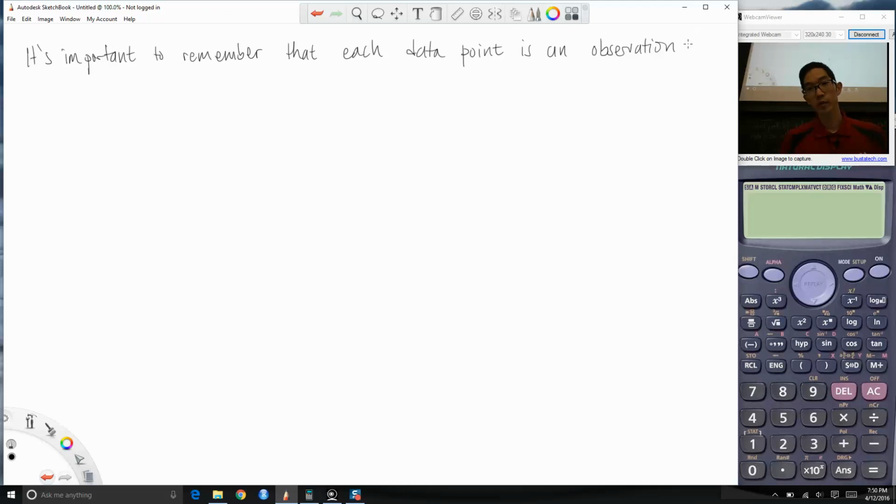Each dot is an observation. So maybe perhaps it's a person, an animal or thing, even a state.